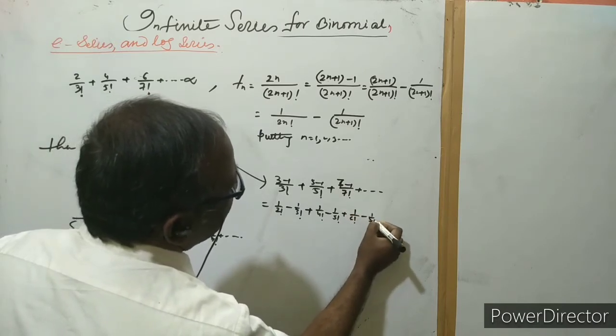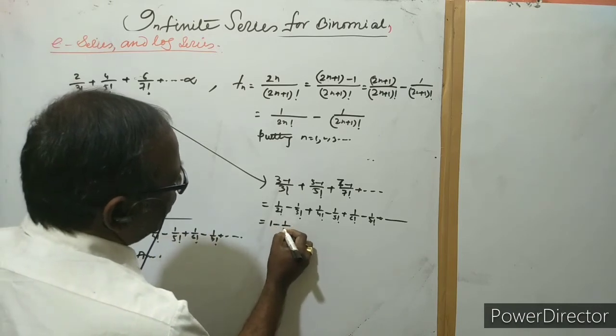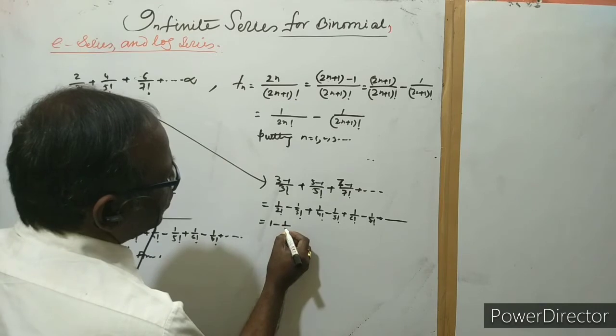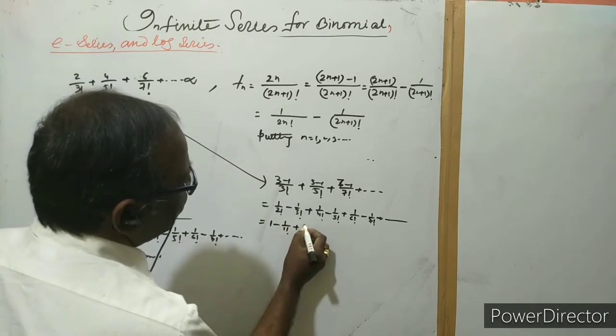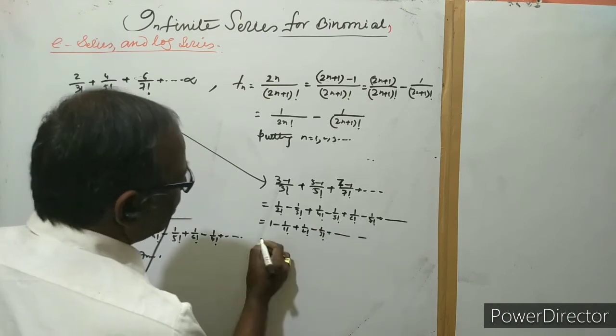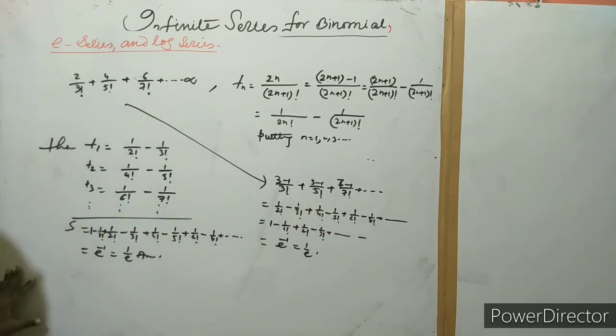And again we repeat 1 by factorial 1. These are balanced, okay. So in place of 0, we write it like that: 1 by factorial 2, 1 by factorial 3. So this is e to the power minus 1, this is 1 by e. Okay, so this is another method.